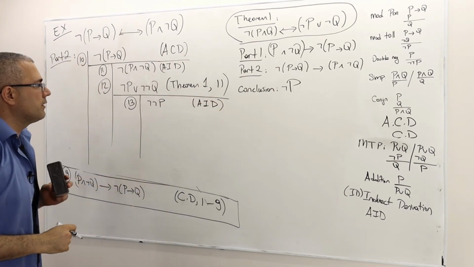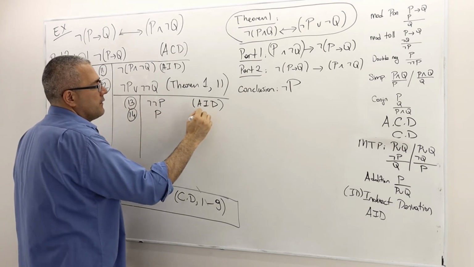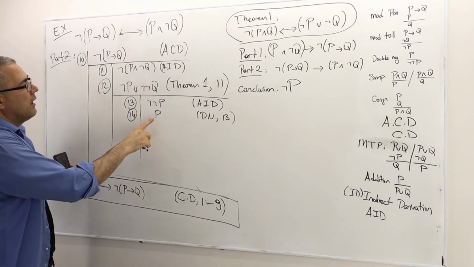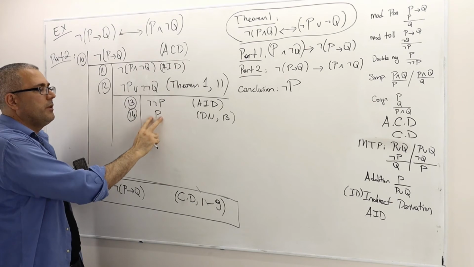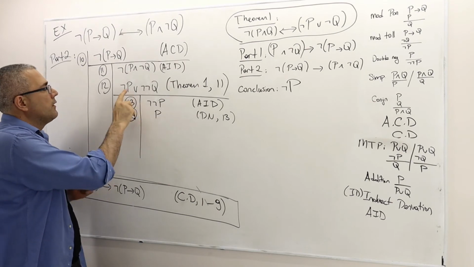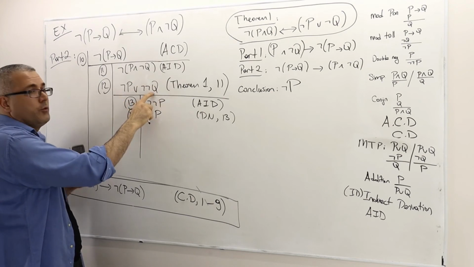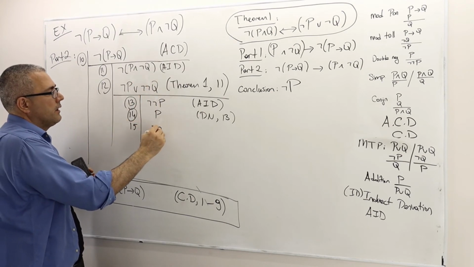I am looking for a contradiction. So line 14, this is P. This is double negation of line 13. All right. Once I have P, I have not P. So what does that mean? So P is true. Therefore, not P is false. So this is false, but this statement is assumed to be true. So therefore, this must be true. So 15, not Q is true.